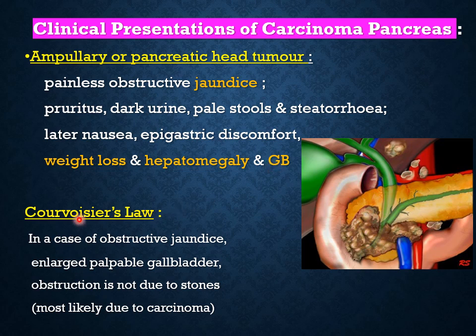This is in keeping with Courvoisier's law, which states that in case of obstructive jaundice with an enlarged gallbladder, the obstruction is not due to stones, and is most likely due to carcinoma. Carcinoma of the head of the pancreas is one of the more common causes of such findings.